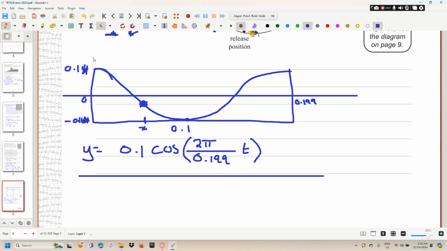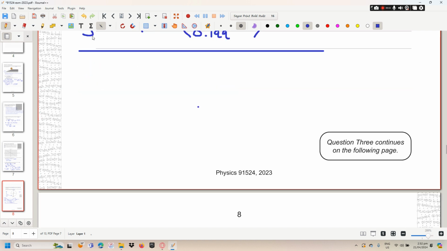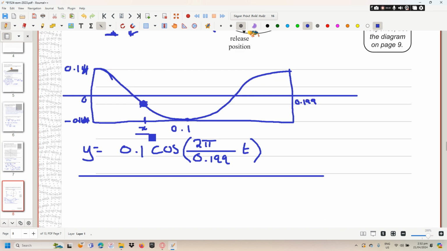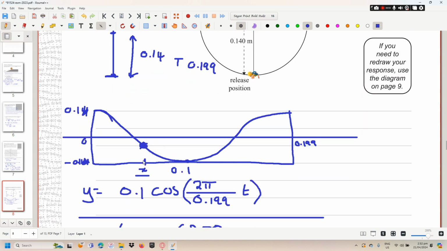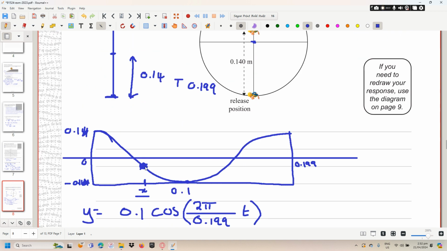Now you go G-solve and intersections, and it'll tell you that this point here is at time equals 0.06278 seconds. And so that's how long it took for the toy to reach there.